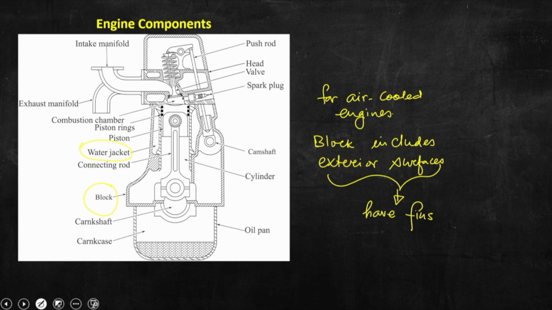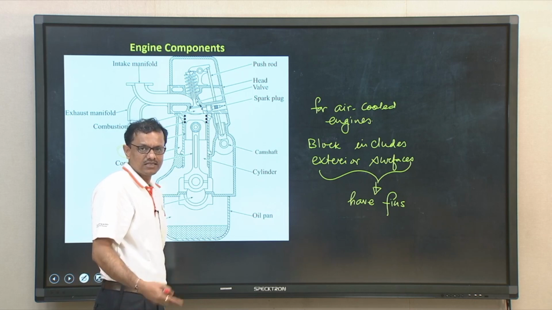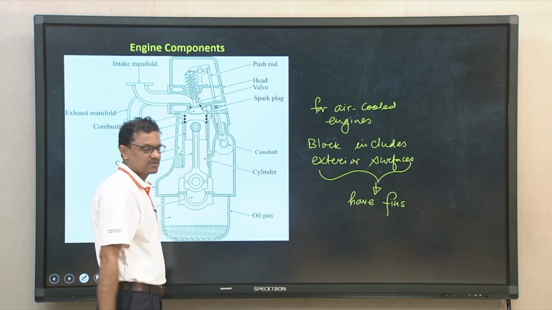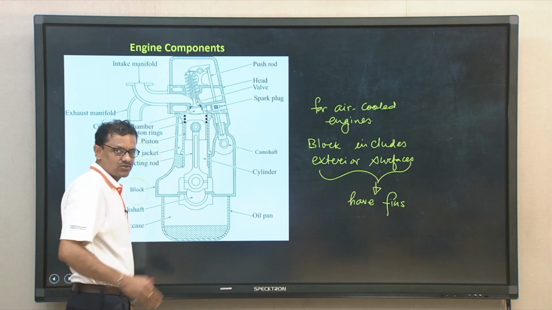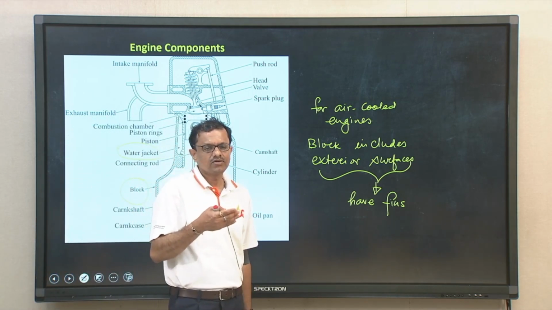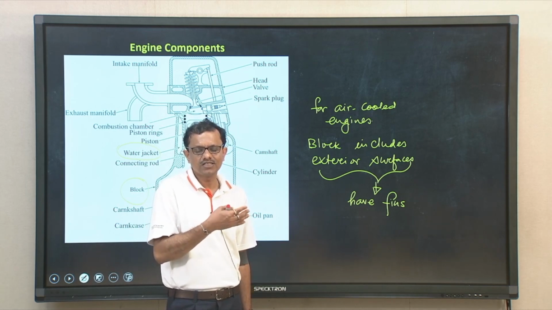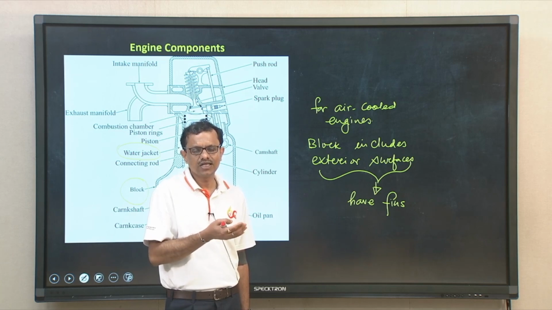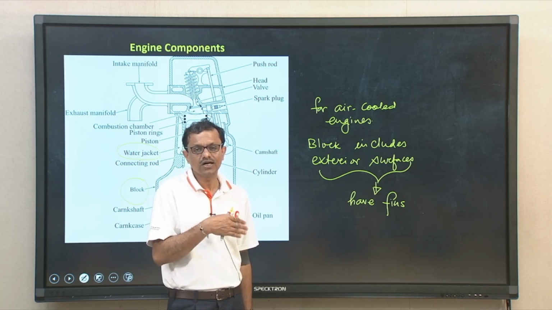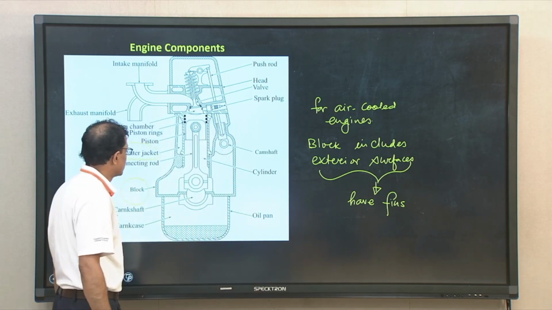It houses a cylinder if it is a single cylinder engine, and of course multiple cylinders if it is a multi cylinder engine. The block also includes a water jacket to supply coolant, so that a certain amount of heat can be transferred from the cylinder into the coolant, essentially to save other components from probable mechanical failure.